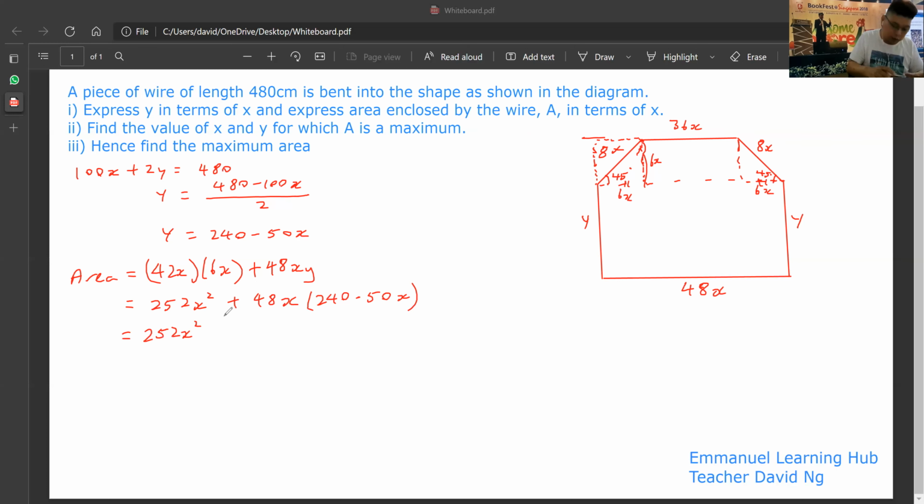48 times 240, 11520, minus 48 times 50, 2400 x squared.